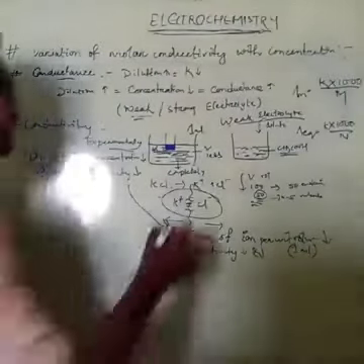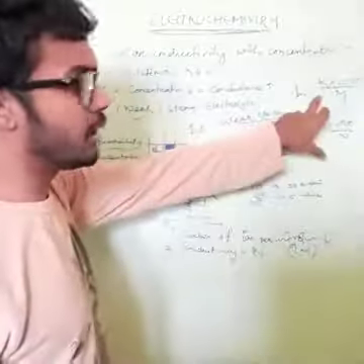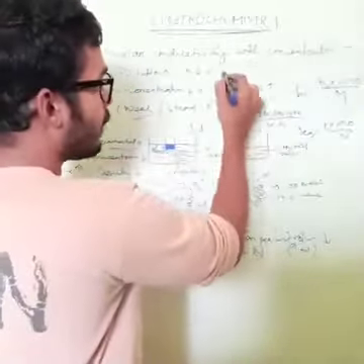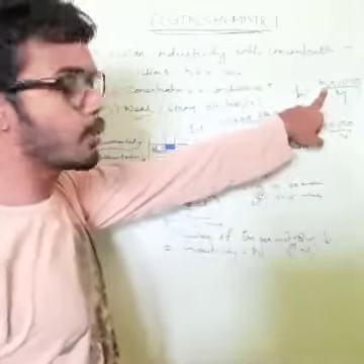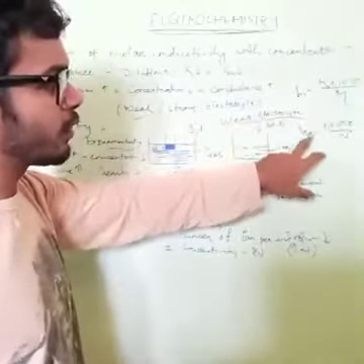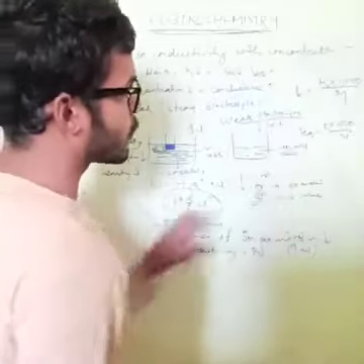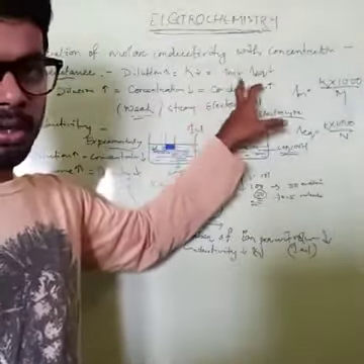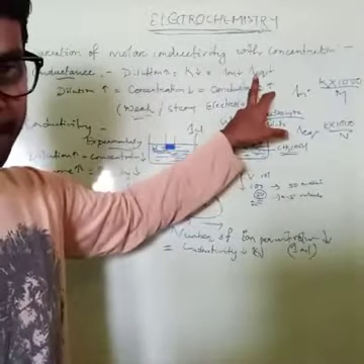As kappa value decreases, molar conductance value will decrease, because it is directly proportional to kappa. Again, equivalent conductance is also directly proportional to kappa. So if kappa decreases, then both conductance values will decrease.